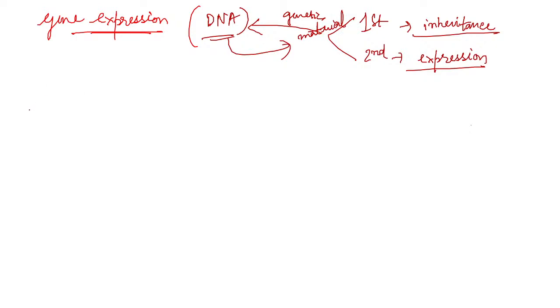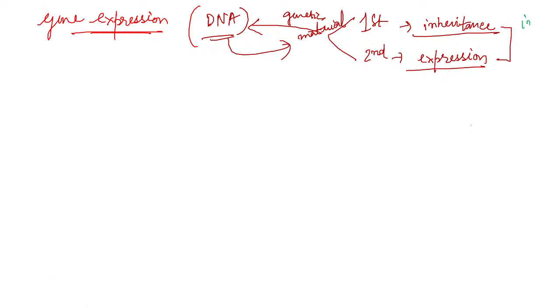So actually, it is a molecular mechanism by which the hereditary information present in the gene comes out and produces a character. After inheritance, some hereditary information was contained in this inheritance, right?